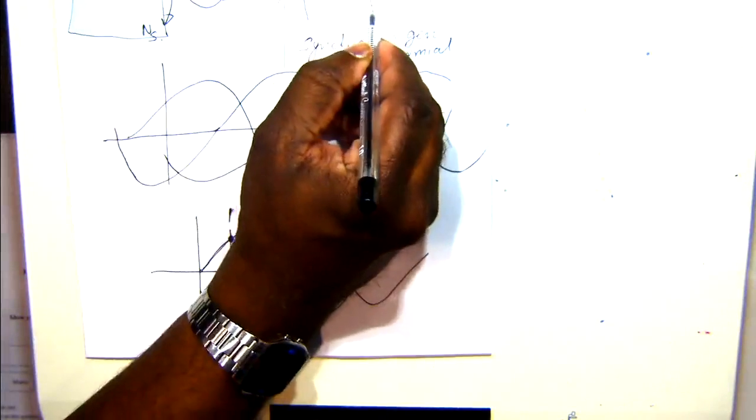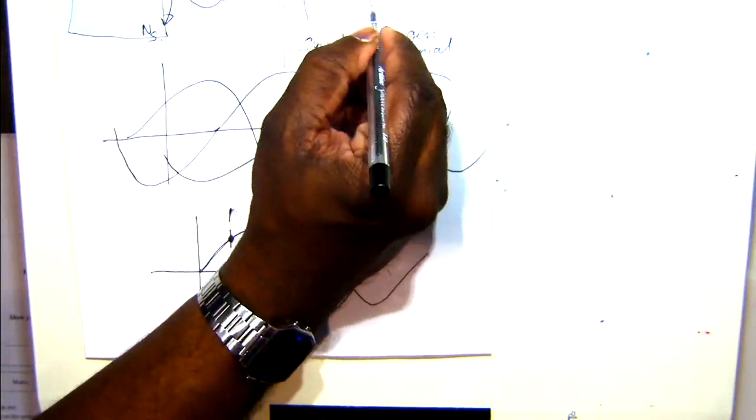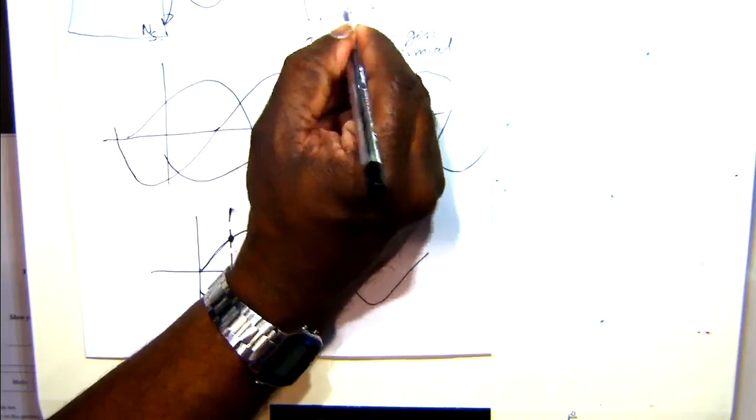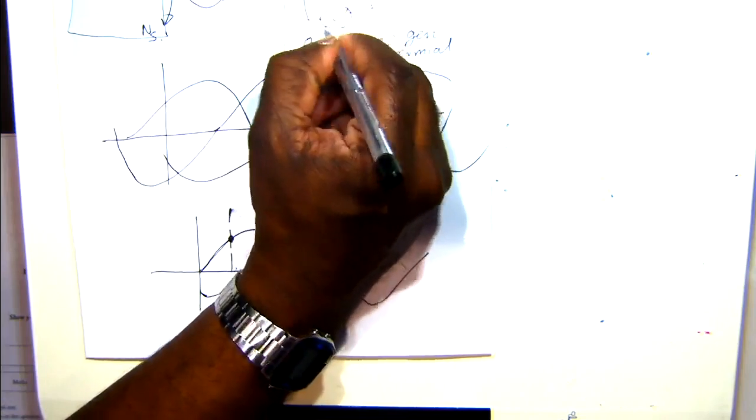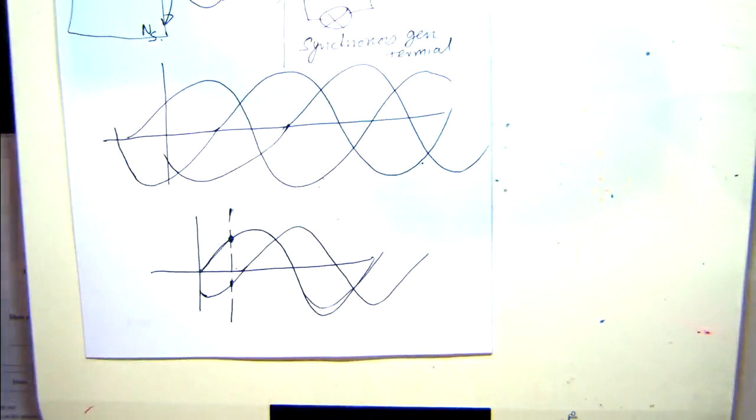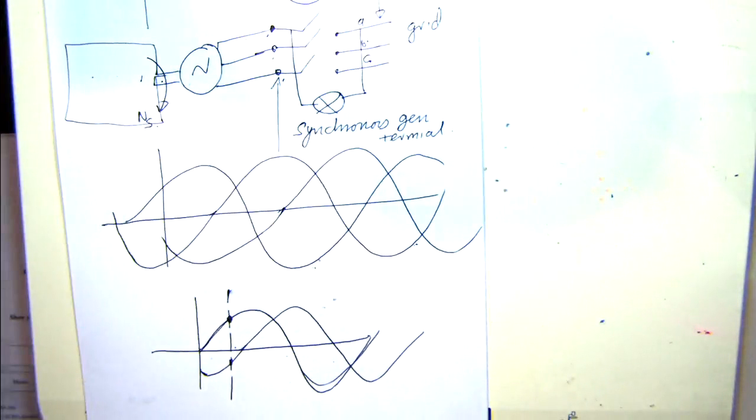But the most primitive approach is you connect a lamp here. It can be an incandescent lamp, and then three incandescent lamps between these two terminals. This lamp will blink on and off at a certain frequency, which is the difference between the two frequencies.